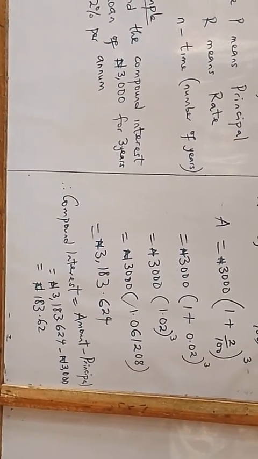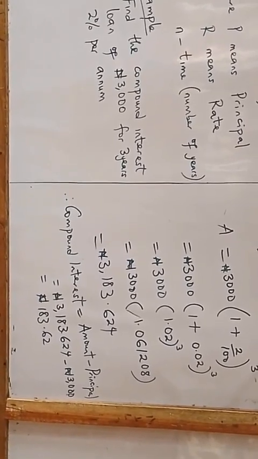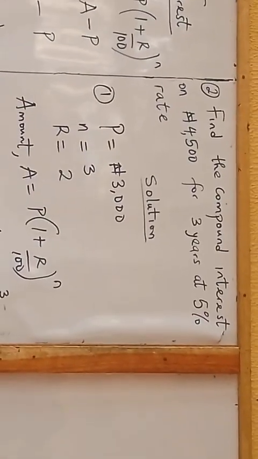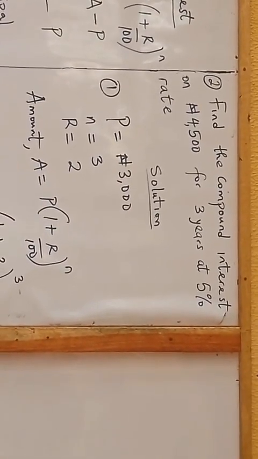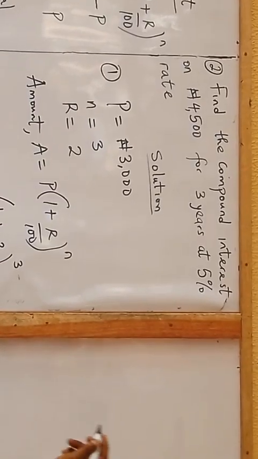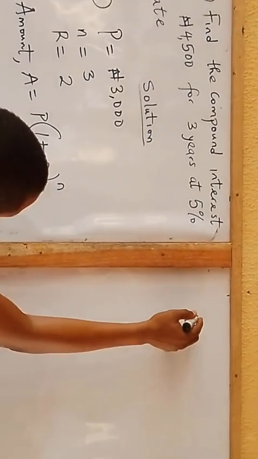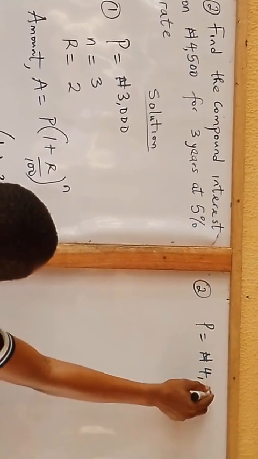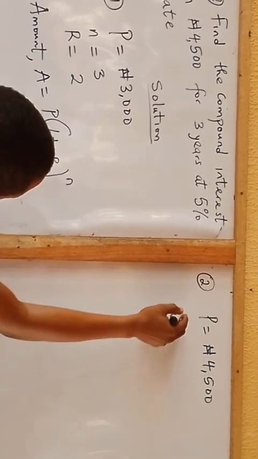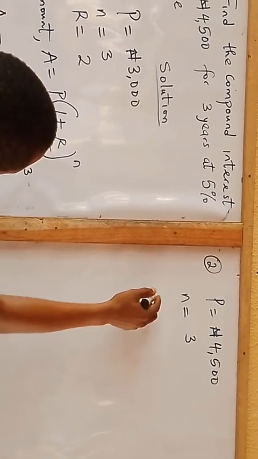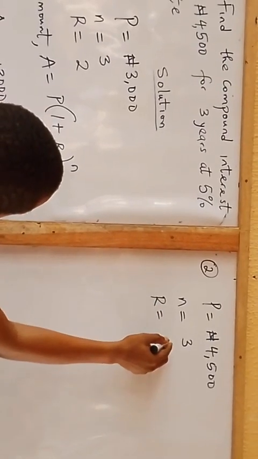So now let's proceed further to solve the second question. Find the compound interest on 4,500 for 3 years at 5% rate. So from this question now, our principal is 4,500 and n, which is the number of years, is 3 and the rate is 5.